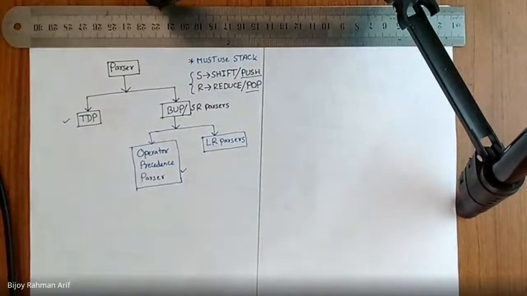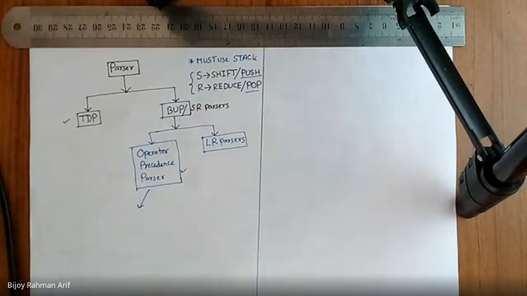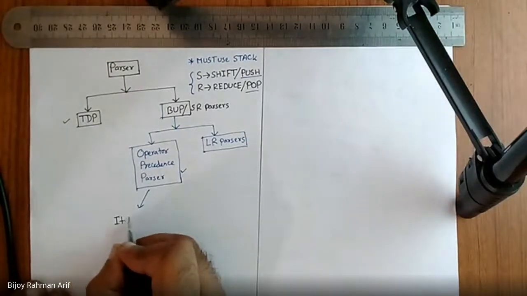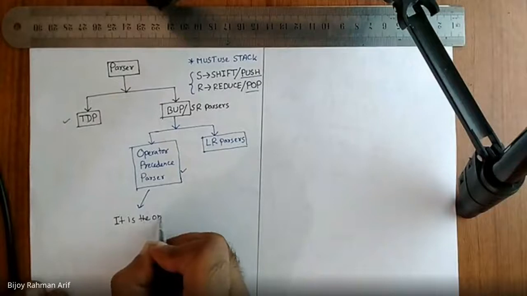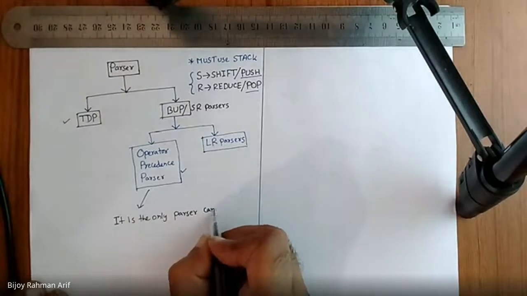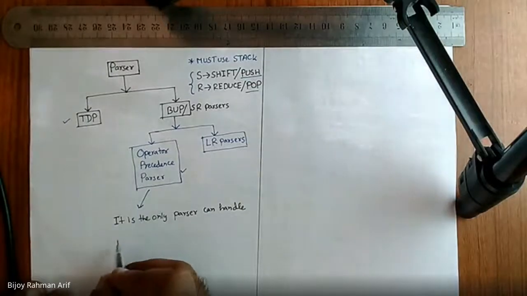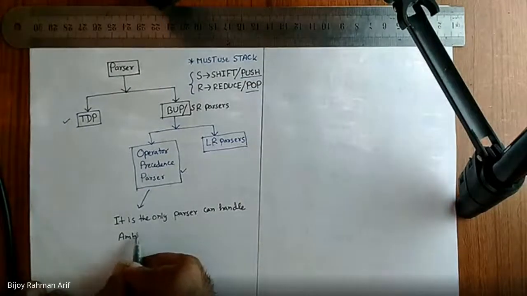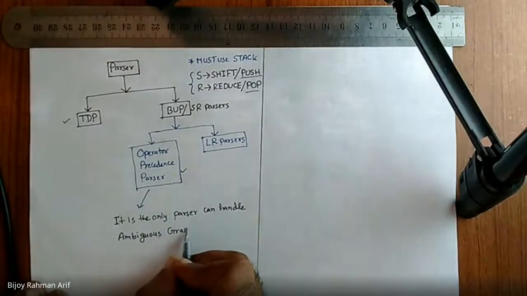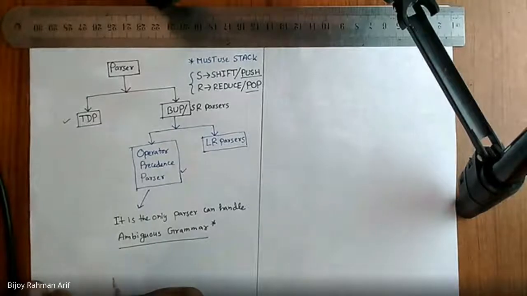Operator precedence parser is very special. In a sense, it is the only parser that can handle ambiguous grammar, but there is a catch. What is the catch?